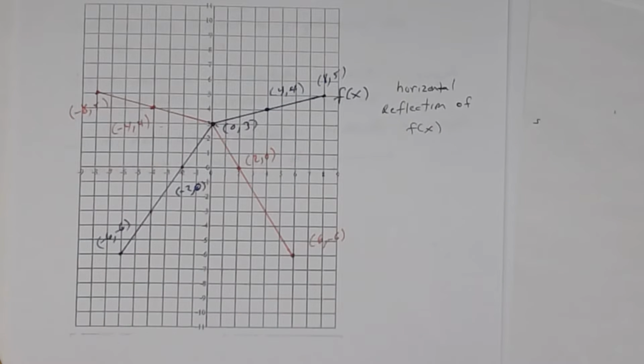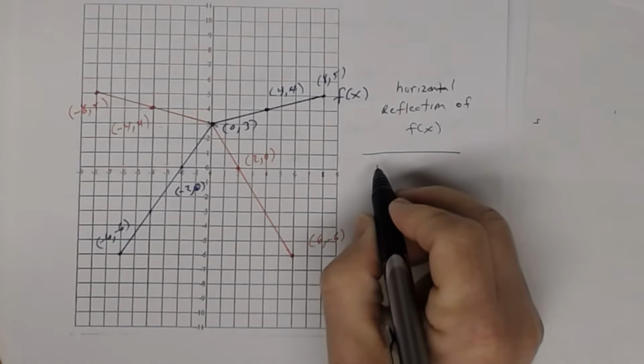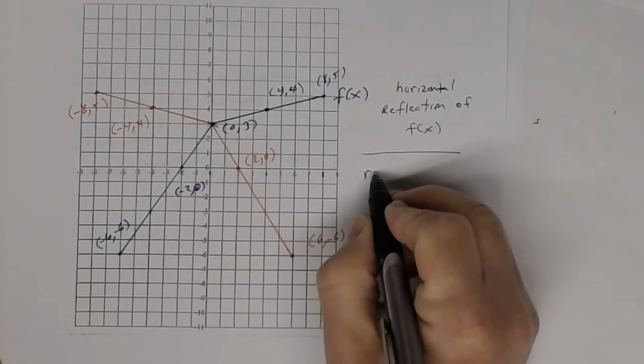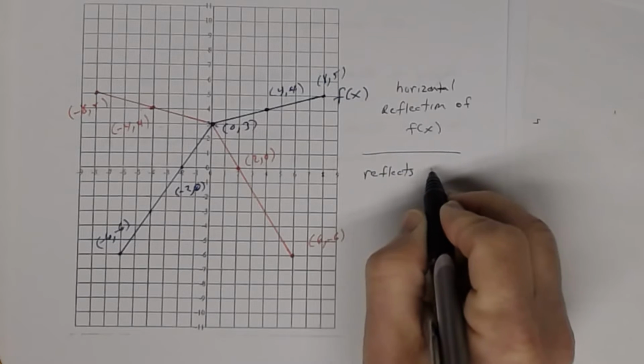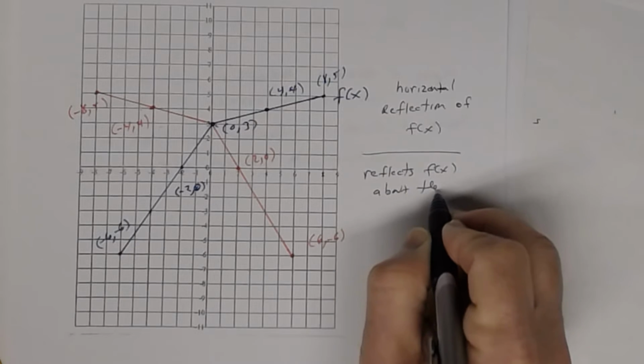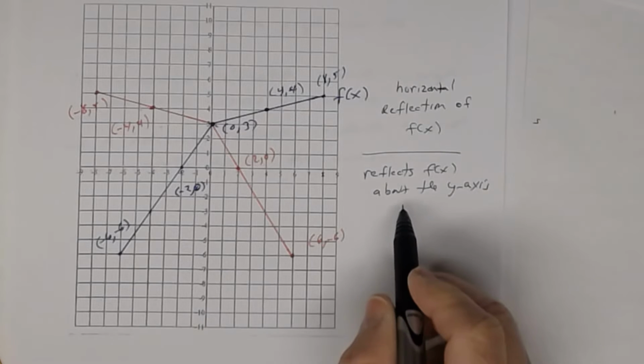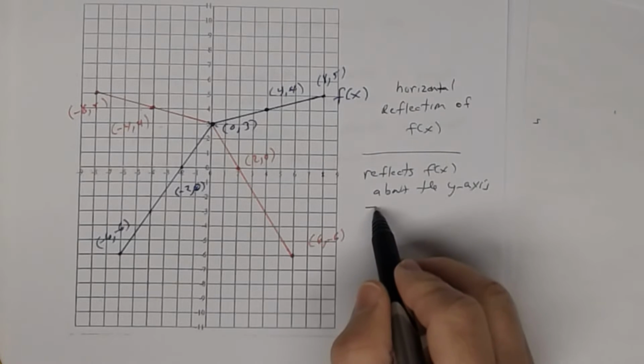Okay, so a horizontal reflection of f of x, what I want you to remember here is this. A horizontal reflection is a reflection, so it reflects f of x about the y-axis.